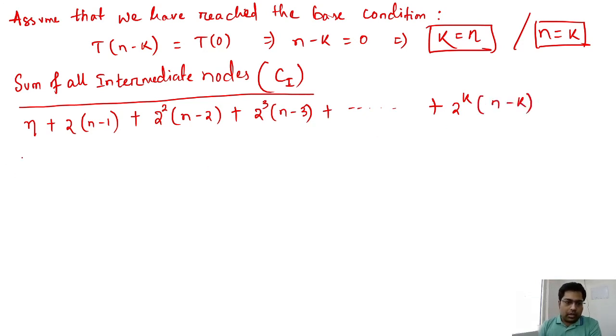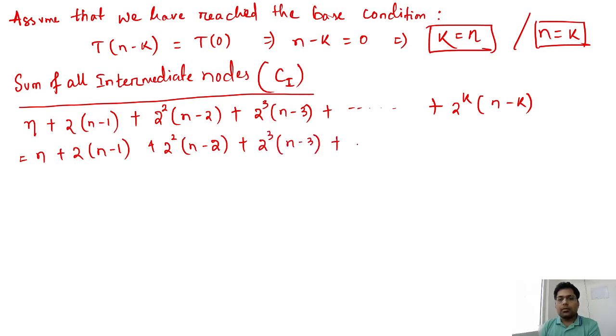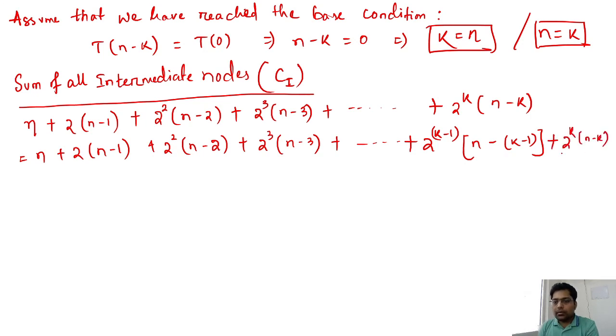Next thing is n plus 2n, then 2 squared, n minus 2, plus 3, n minus 3, plus 2 to the power k minus 1, n minus k minus 1, because before k there is some value, that's why we are writing it. And then 2 to the power k, n minus k.